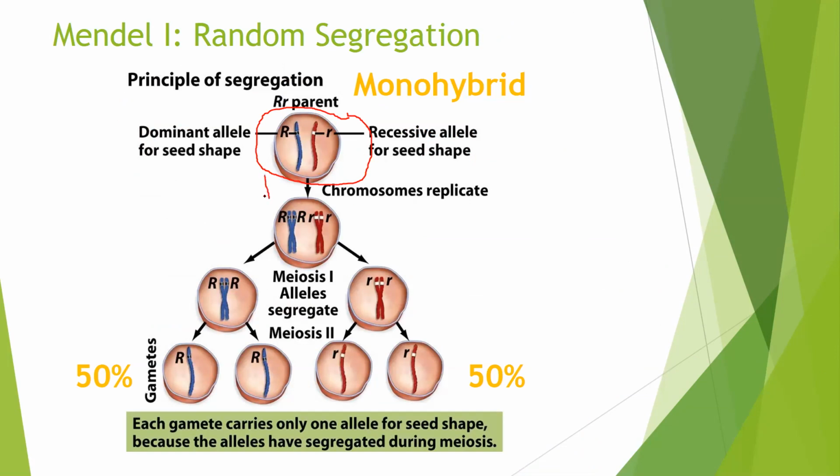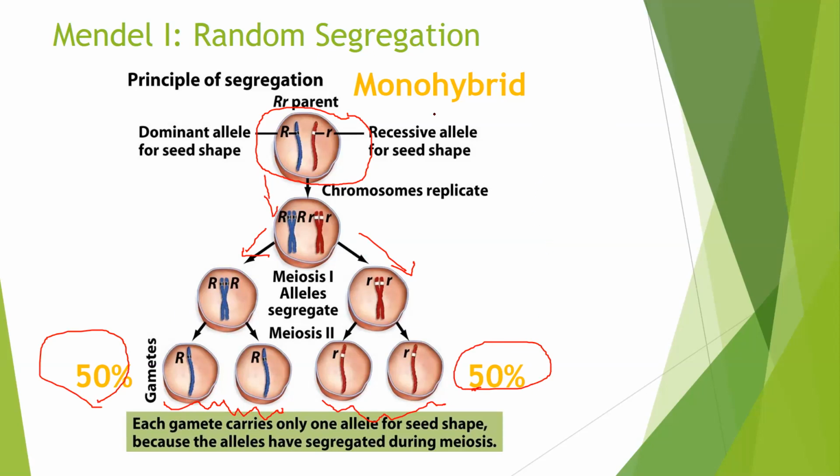If we agree that this segregation is a random event, then this can produce 2 types of gametes. One type carries the capital R, which is the wild type allele, and the other half carries the mutant allele. So 50-50. This is Mendel one.